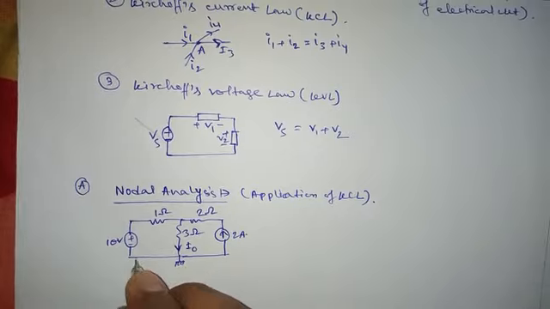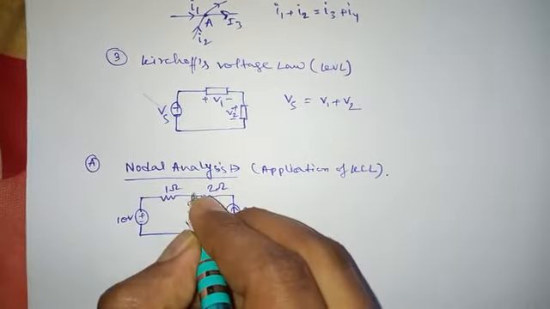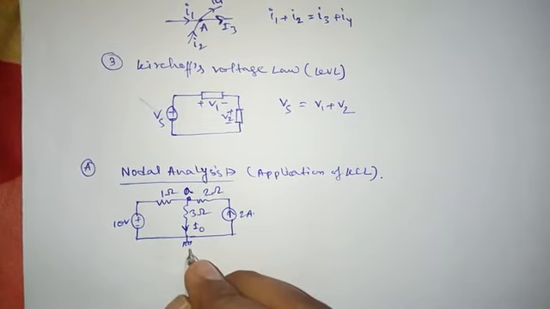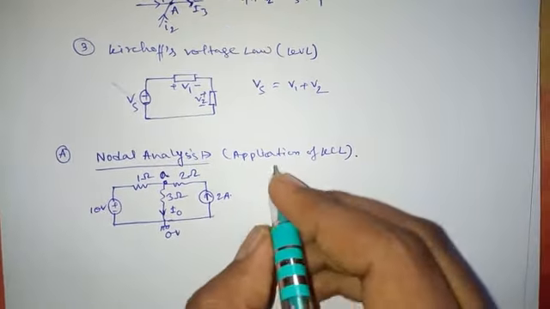The 3 ohm resistance is connected between node A and ground, which has 0 volt.